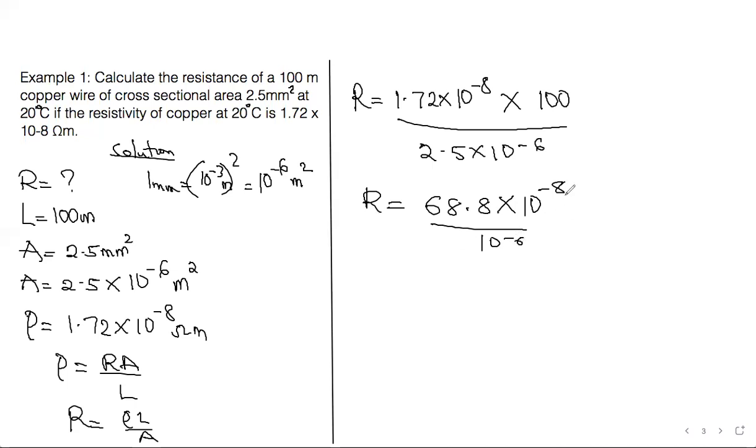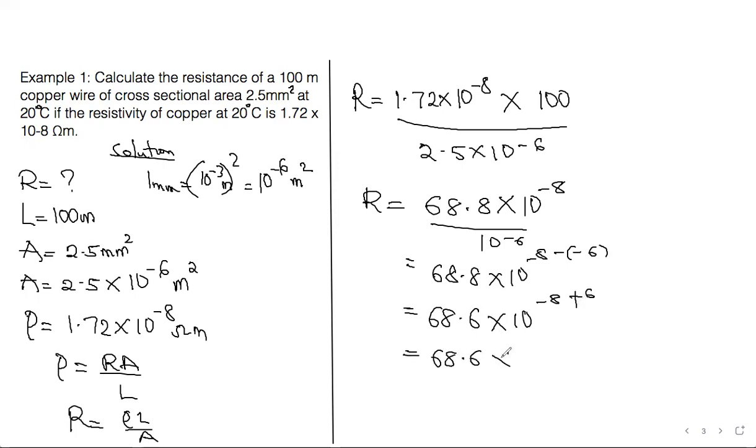So we apply the law of indices, this one goes up. We have 68.8 times 10 to the power minus 8 minus minus 6. So that would be 68.8 times 10 to the power minus 8 plus 6. That's 68.8 times 10 to the power minus 2.